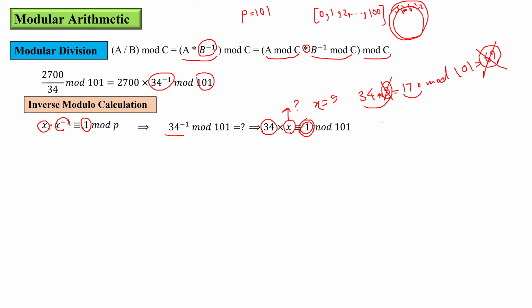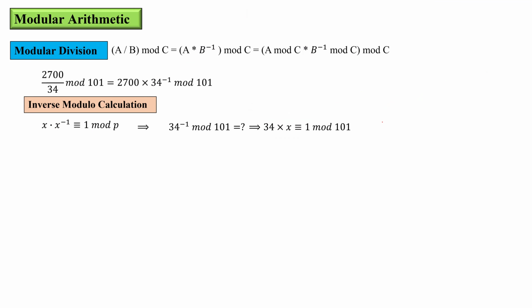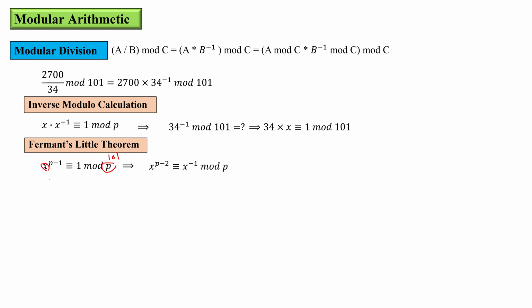So let's discuss an algorithm that you can follow to find this inverse value. To discuss this algorithm, we need to review Fermat's little theorem. Fermat's little theorem says that in modular arithmetic, when you pick your p value, which is 101 here in our computation, any value from the range to the power of p minus 1 equals 1.